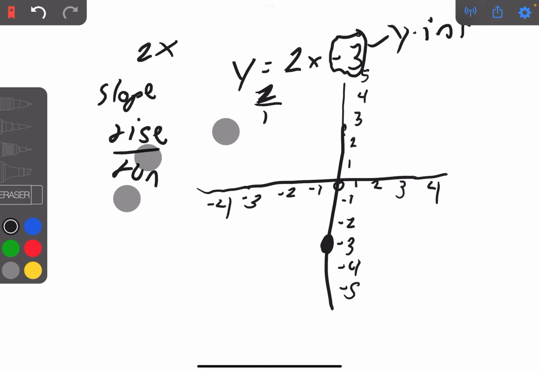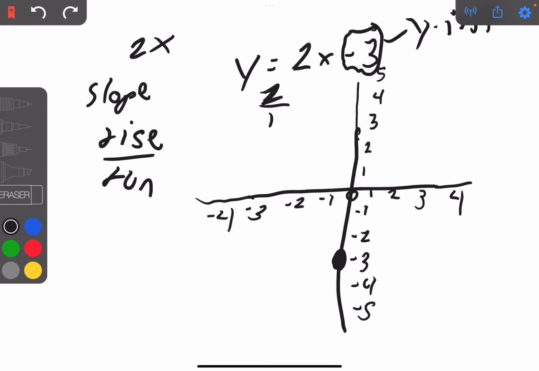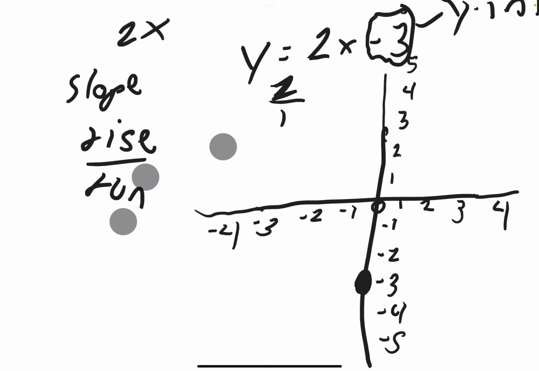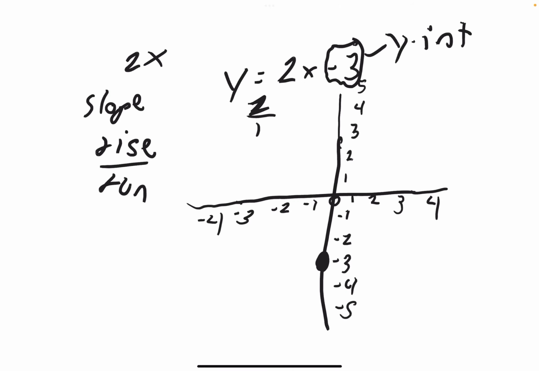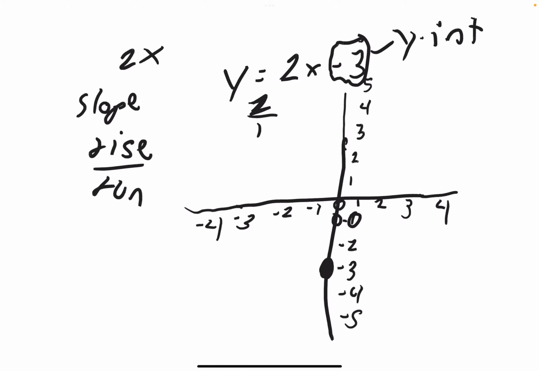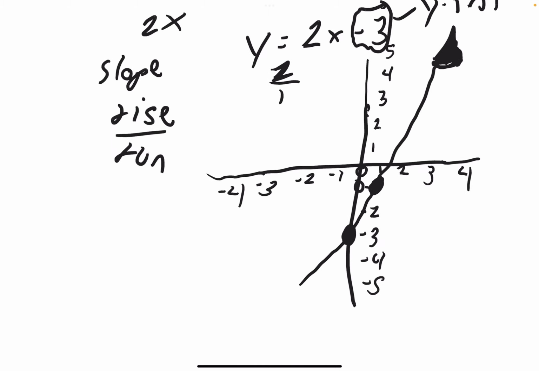So you go up 2, so we'd be here, right? And then we go to the right one since it's positive. We can't go to the left or down because those are negatives. So now we've got our 2 points. Now we'll just put a line in between them. And you've successfully done slope and y-intercept.